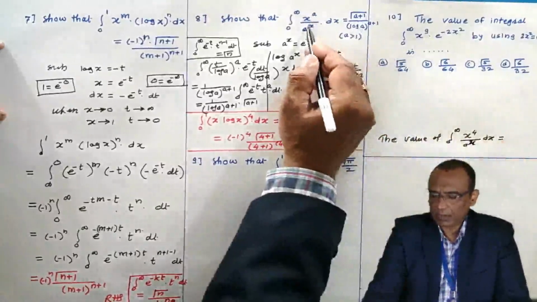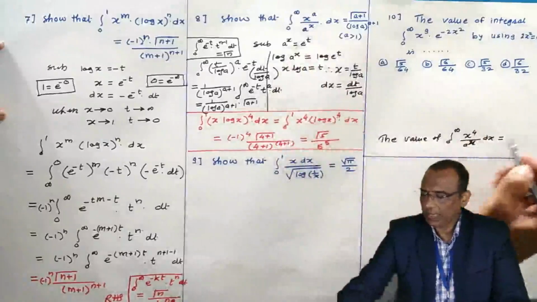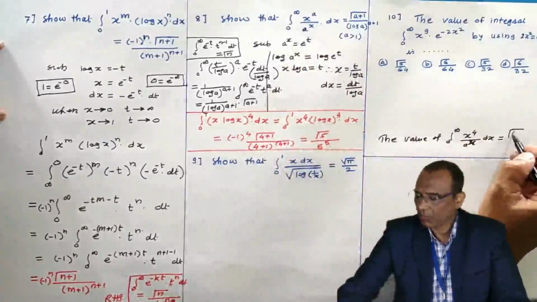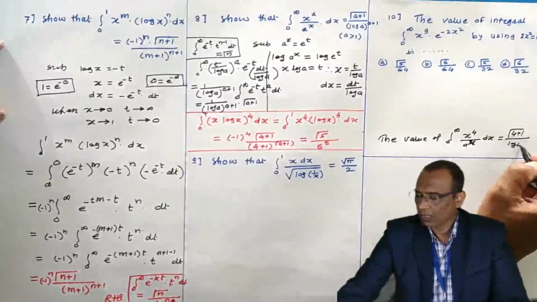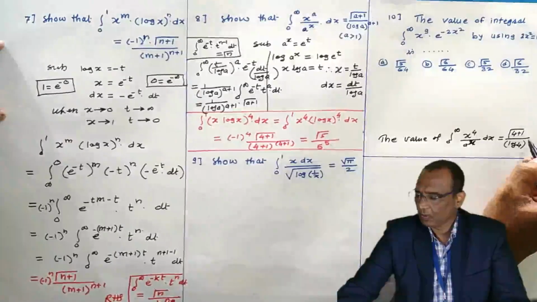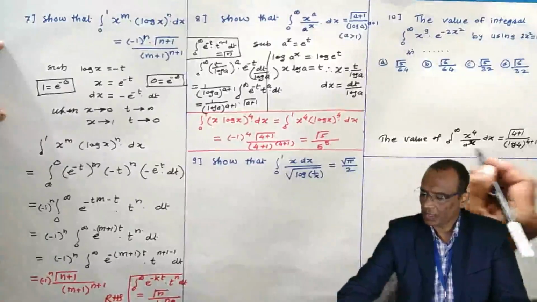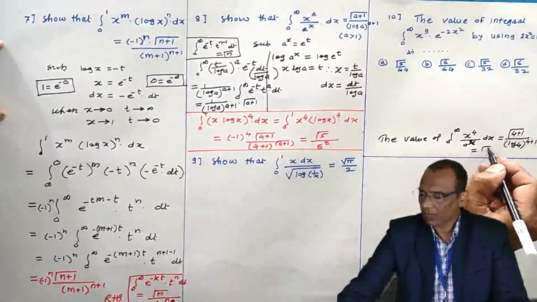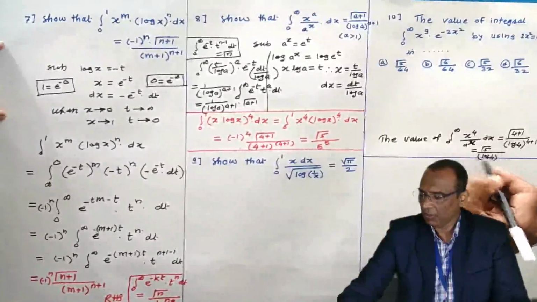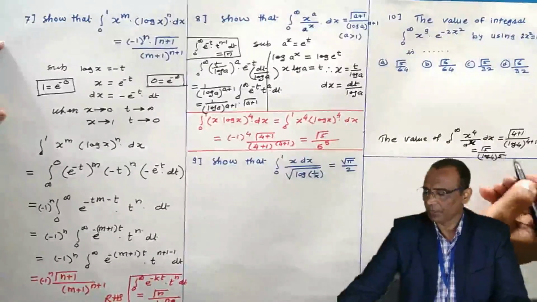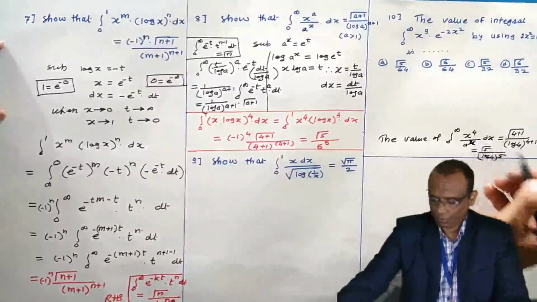Here a is 4, simply a is 4, 4 plus 1, that's all. Means gamma 5 divided by log 4 to the power 5. In this way we solve this problem.